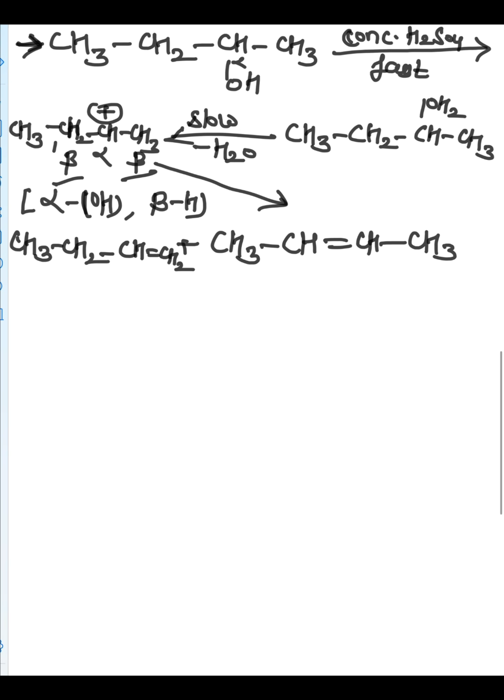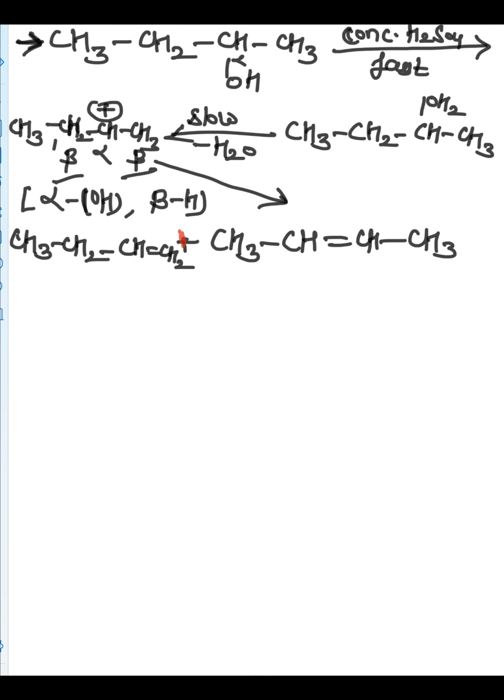Stability of alkene you can predict by calculating alpha H. Calculate here. It is 6 alpha H and here are 2 alpha H only. The hydrogens directly attached to the double bonded carbon atom are your alpha H. So this is your major product.